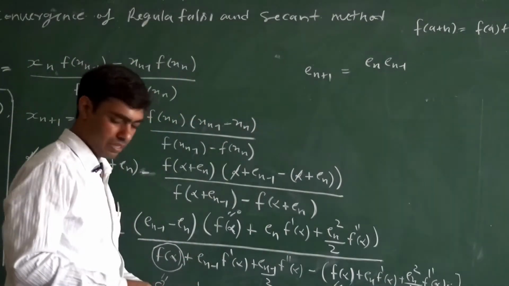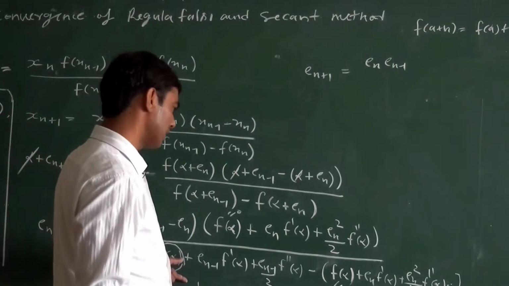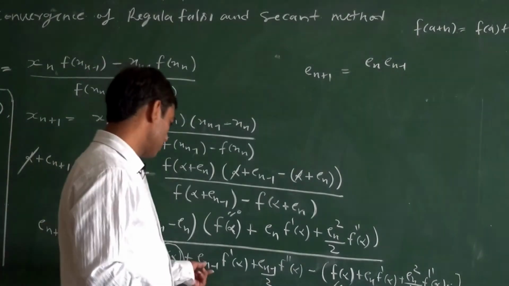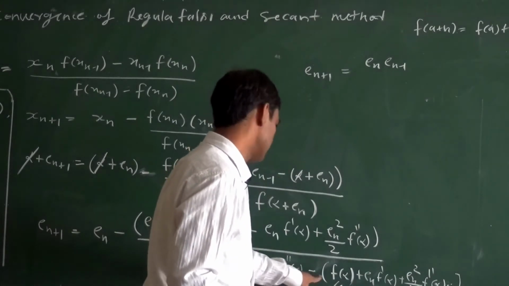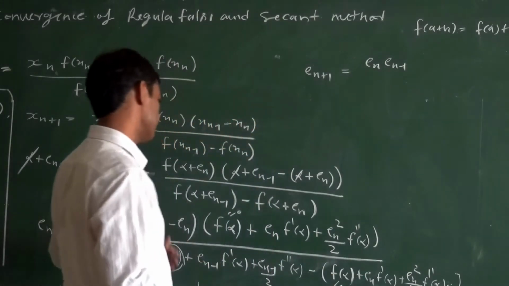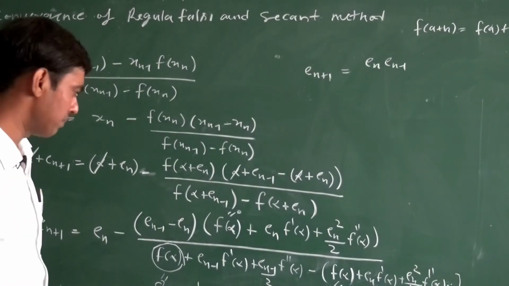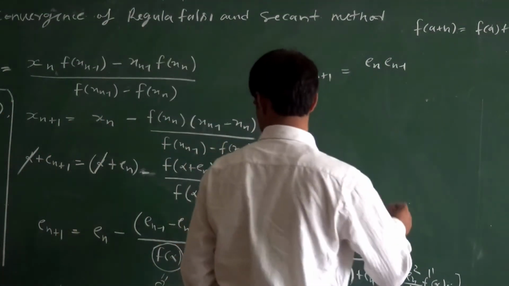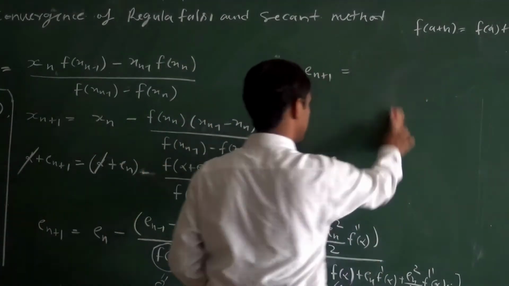If we go one step more, we need one more step of simplification: if we find E_{n-1} plus E_n, here this becomes E_n, so this term cancels out. Now in the denominator, we need to write one step more.